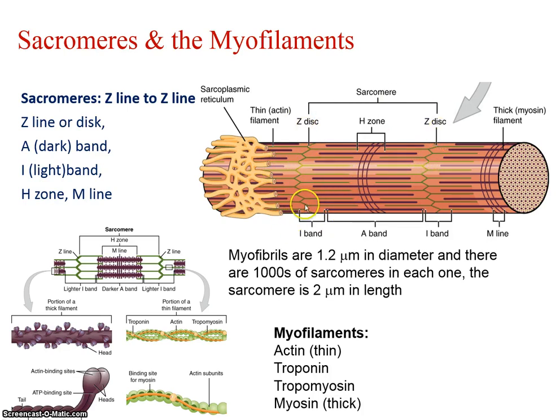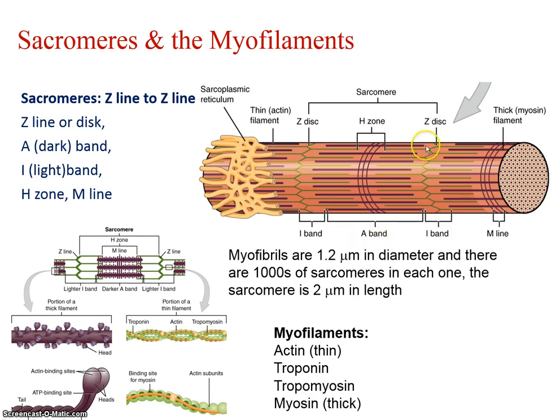Now, within a sarcomere, there are a couple areas that we have to pay attention to because they're going to help us understand contraction. So we have an area in which the thick myosin and the thin actin overlap. We see this here from here to here, and that is called the A band.